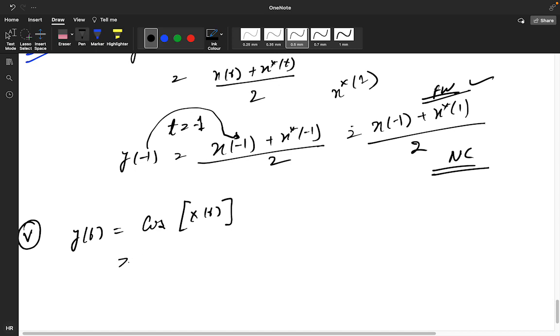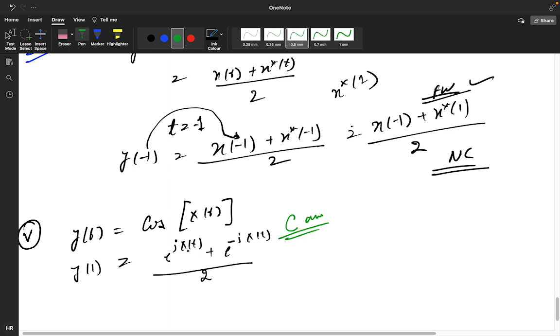I hope you remember, guys, the cos function can be written as e^(j x of t) plus e^(minus j x of t) divided by 2. So if you put t equal to 1, this will also be 1, this will also be 1. So this will be causal only, because it's depending upon the present value.